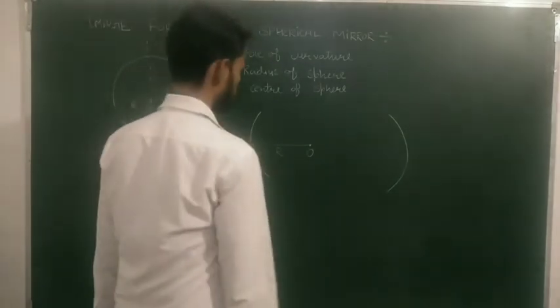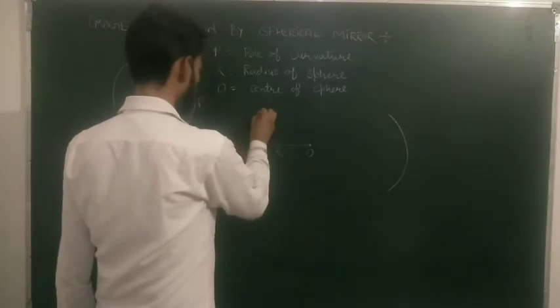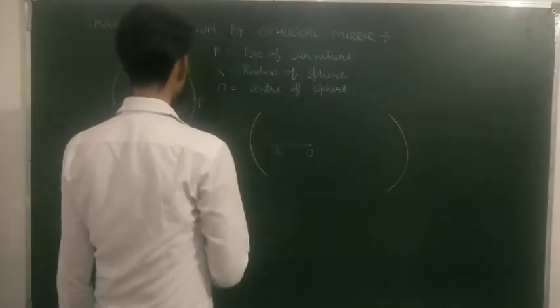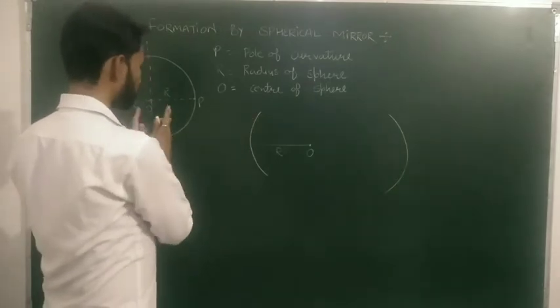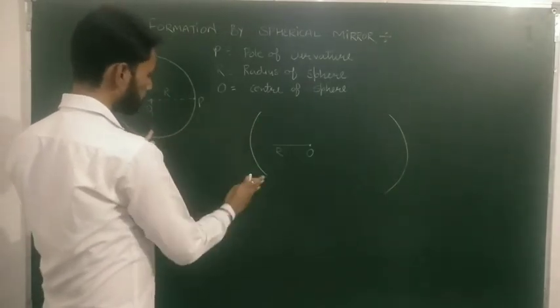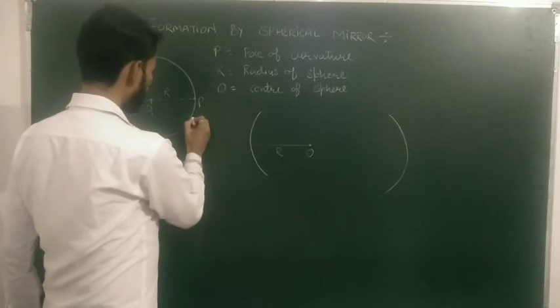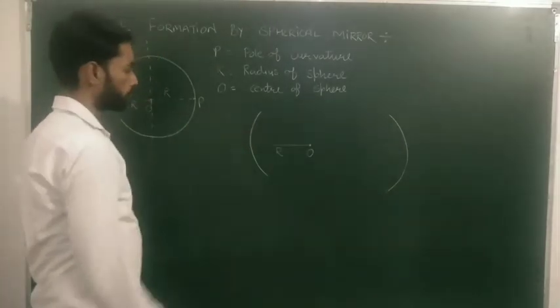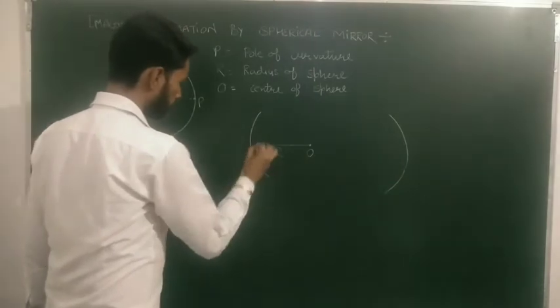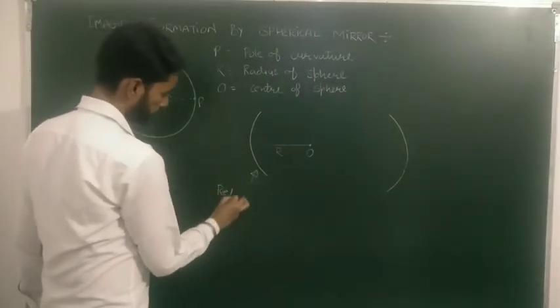So this is a reflecting surface. If any object is placed in front of this type of surface and parallel rays come and strike this surface, it is called the reflecting surface of a mirror.